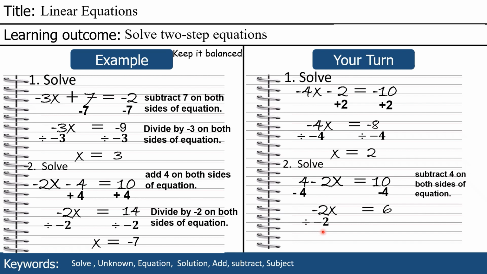So on the left hand side of the equation, we divide by negative 2, and on the right hand side of the equation, we divide by negative 2. Now x will be equal to 6 divided by negative 2 equals negative 3. And remember, a positive divided by a negative will give you a negative.